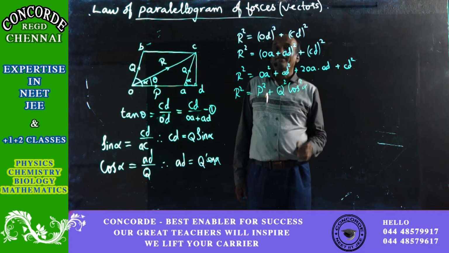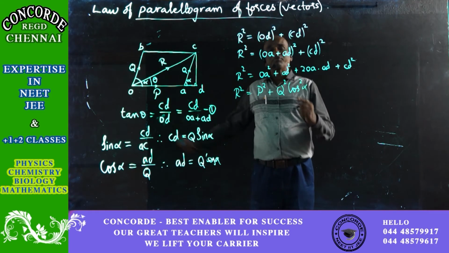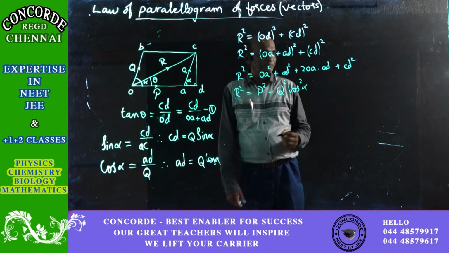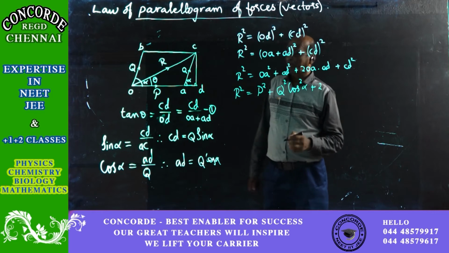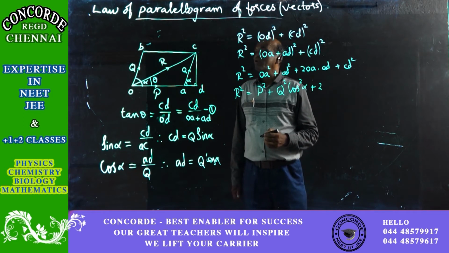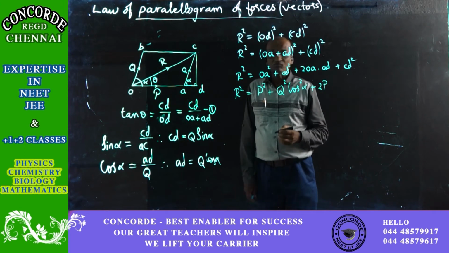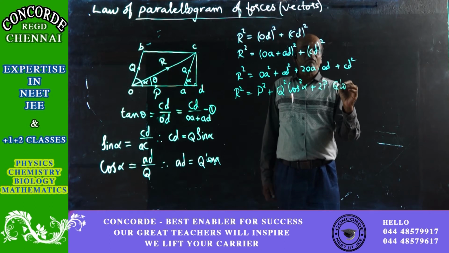It is for this reason that, to put the value instantaneously beforehand itself, I have found out what is the value of AD and CD. Then we have got 2 into OA, and OA is of course equal to P, and then AD, AD is equal to Q into cos alpha.